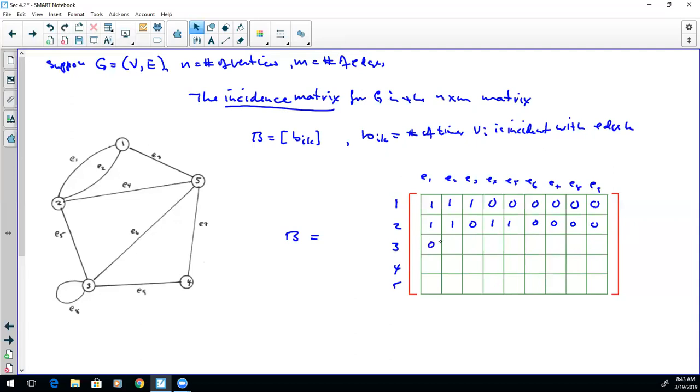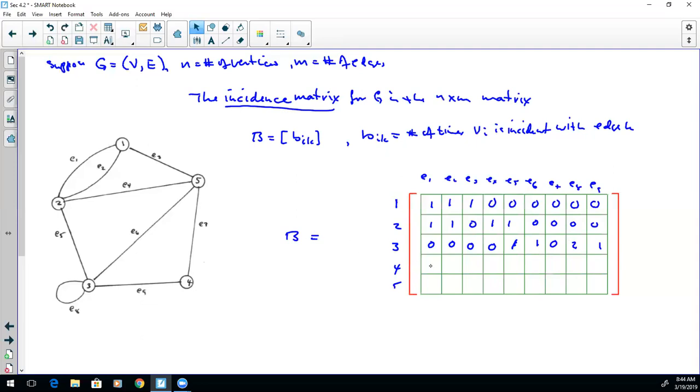Okay, vertex 3. Edge 1 doesn't touch 3. Edge 2 doesn't touch 3. Edge 3 doesn't touch 3. Edge 4 doesn't touch 3. Edge 5 does. Edge 6 does. Edge 7 doesn't. Edge 8 does twice. And edge 9 does once.